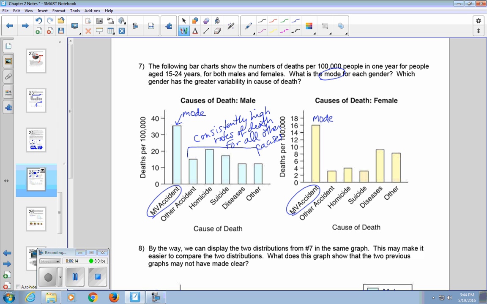Over here, we've got some that are fairly low, or relatively low death rates. We've got 2 that are a little bit higher. All right, so again, we see a lot more variability over here for the males. Less variability over here for the females.